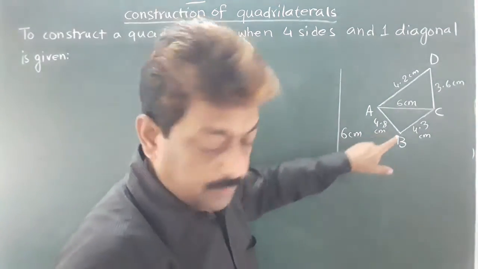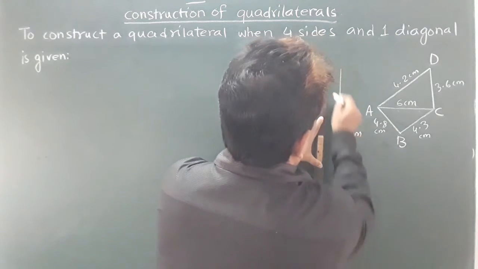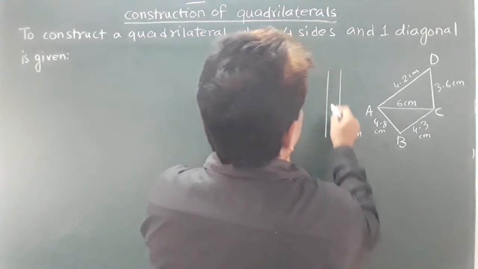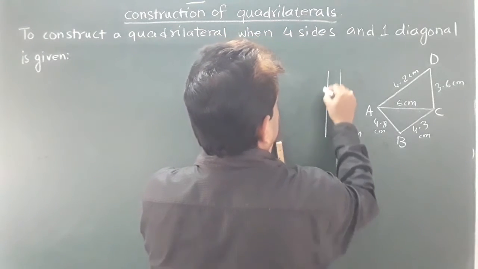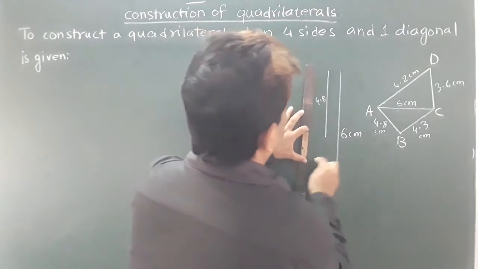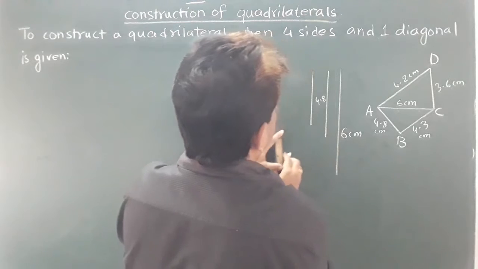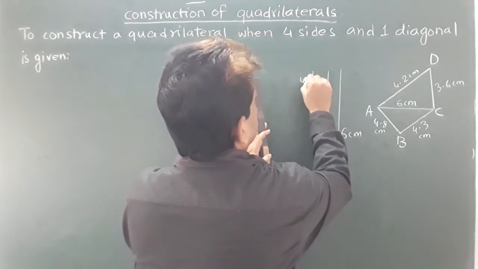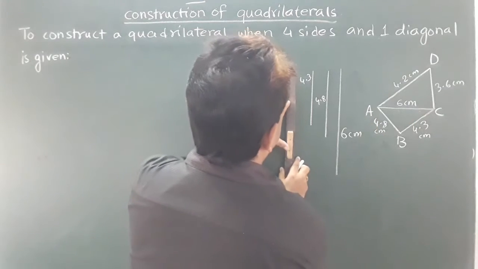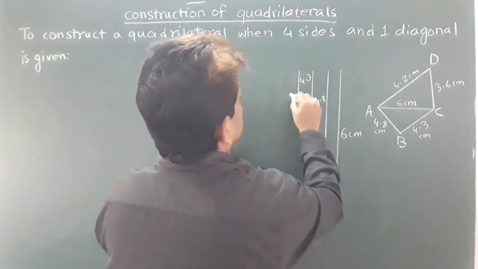Then what is AB? AB is 4.8. Write this as 4.8 here. Then BC is 4.3. Then CD is 3.6.